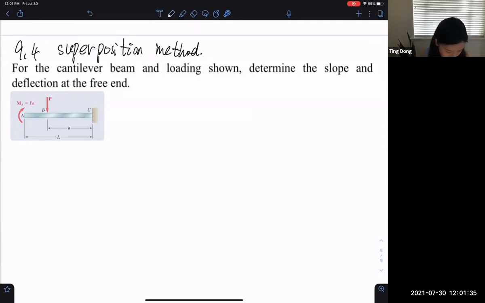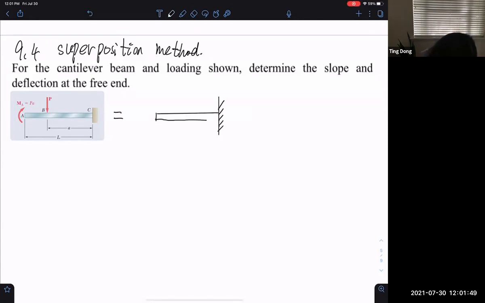So for this one, let's say this loading condition, we can put it as if only bending moment applied, or, sorry, if only concentrated force applied.